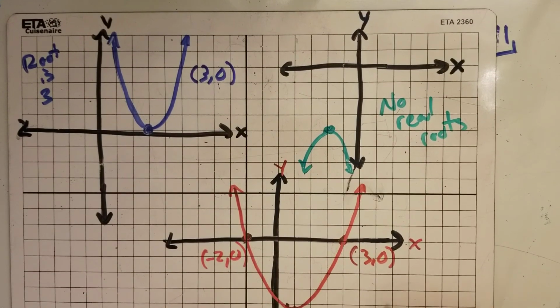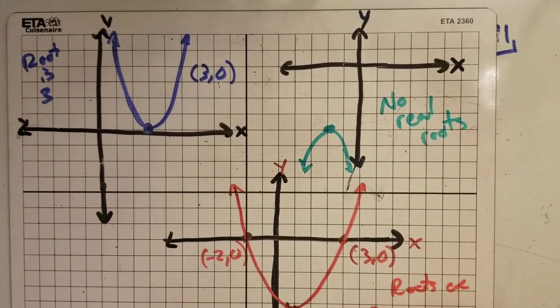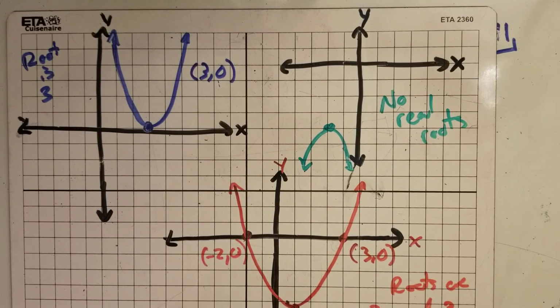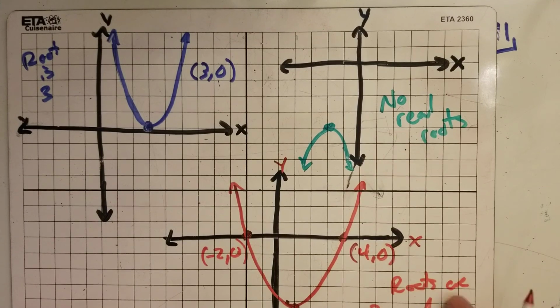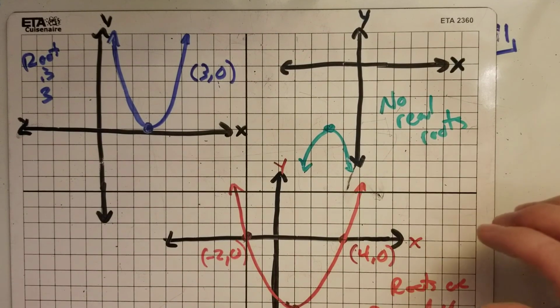So you could list those 2 ordered pairs. You also could say the roots are negative 2 and 3. And if you're told the roots are -2 and 3, you should know that's talking about where you cross the x-axis. And just like that, oh, that's not 3, that's a 4. Sorry. So the roots are 4 and -2 for this one. Okay. And that's how you can do it with a graph.